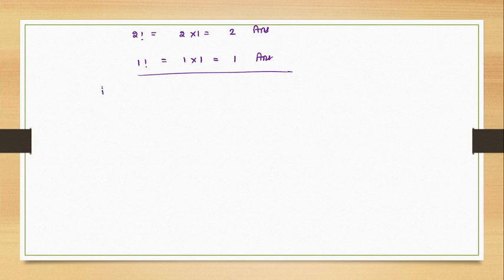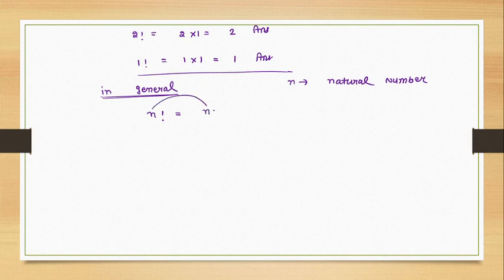In general, if we talk about the general formula of factorial, we can say that n factorial is equal to, where n must be a natural number, just start writing the same number n here and then keep subtracting 1: n into n minus 1 into n minus 2 into n minus 3 and so on.